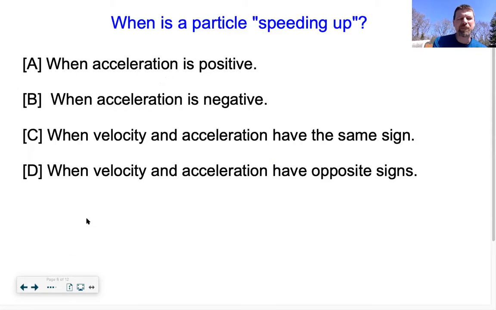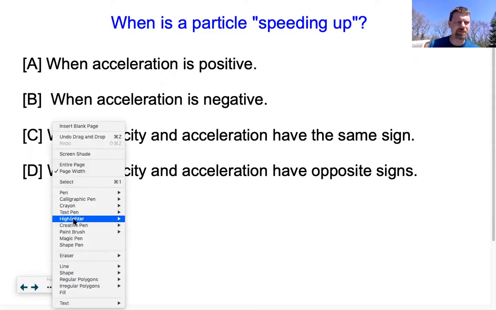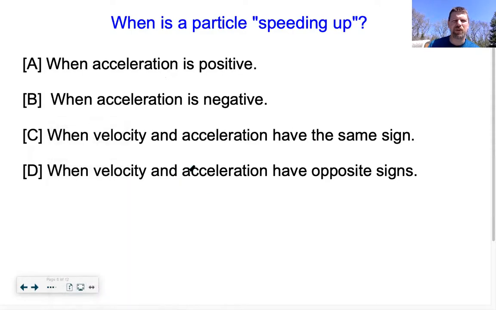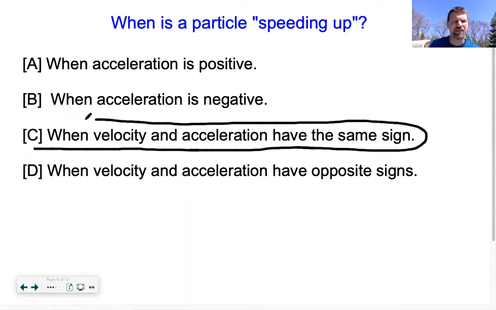When is a particle speeding up? A lot of times AP exams will ask about speeding up or slowing down. Just make sure that if it's speeding up, that happens when velocity and acceleration have the same sign. If you think about speeding up, that means you're moving in, say, the forward direction and accelerating in the forward direction. That would be speeding up.